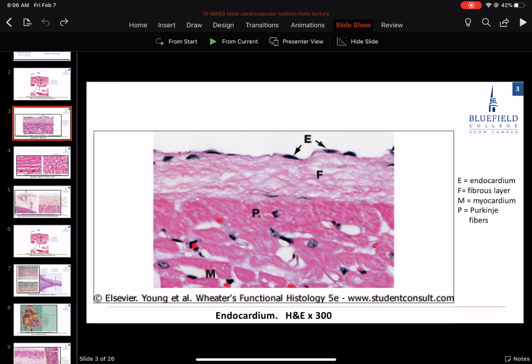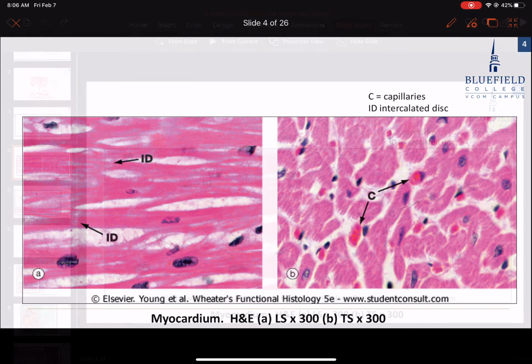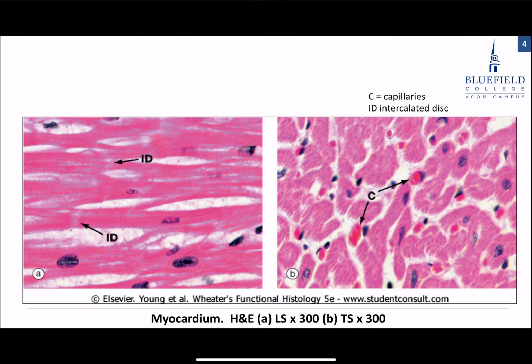Remember, when you see cardiac muscle in cross-section, there are islands, and when we see the nuclei within those pink islands, those nuclei are going to be more centrally located, not on the coast, and they don't take up a huge portion. They aren't the majority of that island like it was in smooth muscle. In terms of longitudinal section, like we see on the left right here, you see the intercalated disc staining a little bit lighter there.